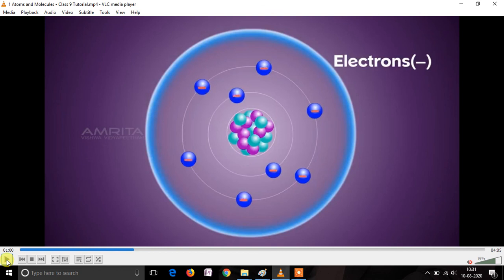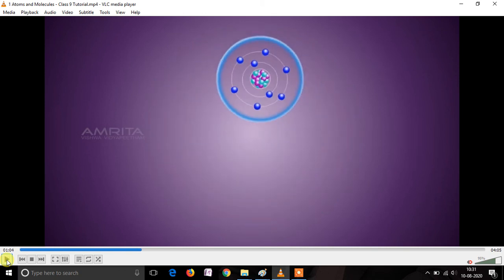The blue colored spherical balls are the electrons, and these revolve around the nucleus in this specific path. So here we have discussed that an atom has three subatomic particles known as protons, neutrons and electrons.